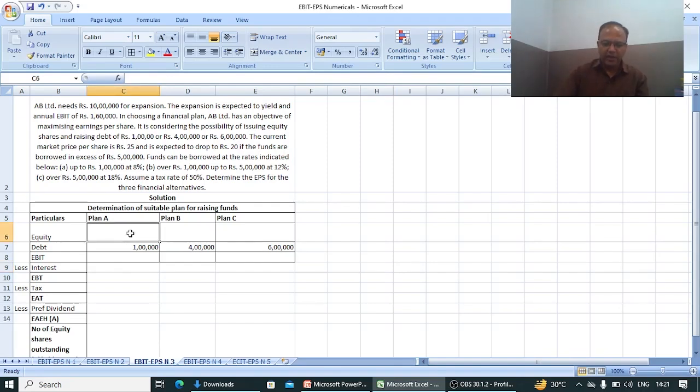Remaining is equity: 9 lakh, 6 lakh and 4 lakh.